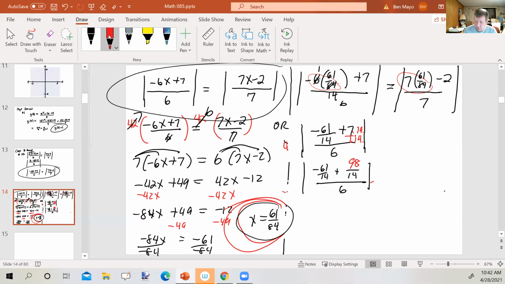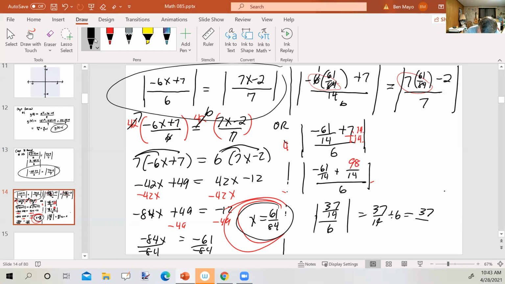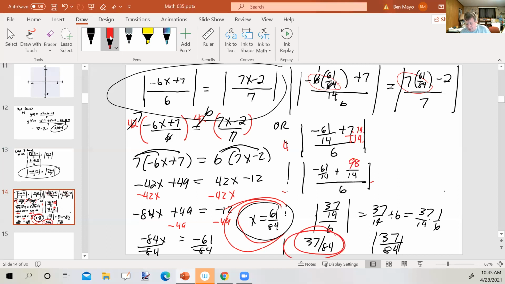This problem just keeps getting worse, doesn't it? Negative 61 plus 98 would be 37. So I've got 37 14ths all over 6, which is 37 14ths times 1 over 6, which is 37 over 84. What's the absolute value of 37 over 84? It's 37 over 84. So that's what we're getting on the left side of the absolute value bars.